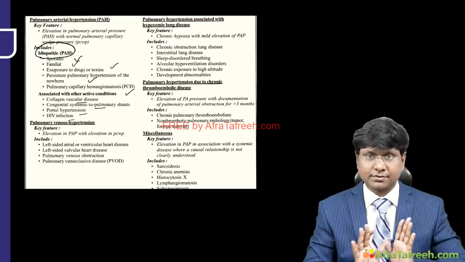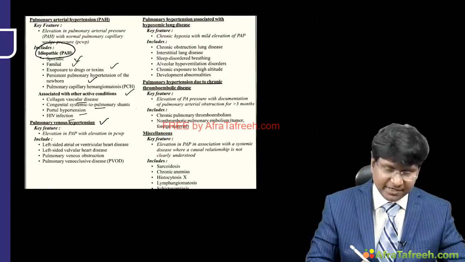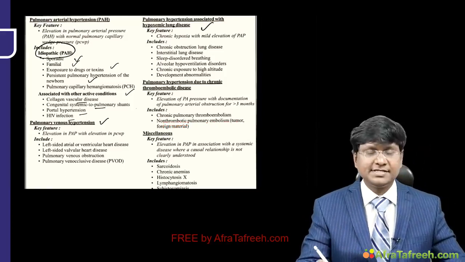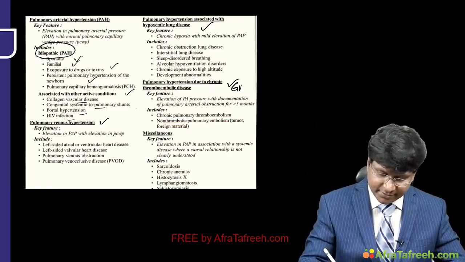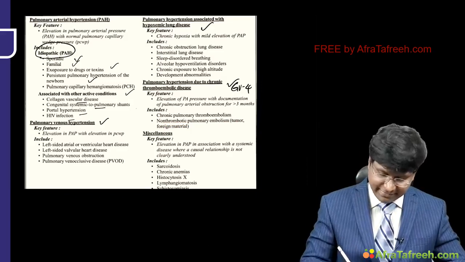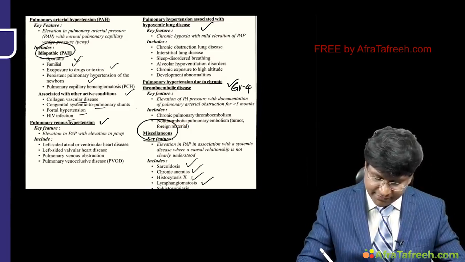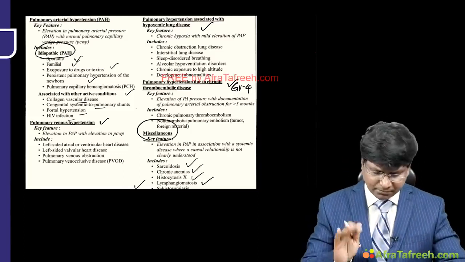This will be your group 1. Idiopathic means we don't know the underlying cause. Then pulmonary venous hypertension is group 2. Lung pathologies are group 3. Chronic thromboembolic is group 4. Miscellaneous causes like sarcoidosis, chronic anemia, histiocytosis, lymphangiomatosis and schistosomiasis are group 5.